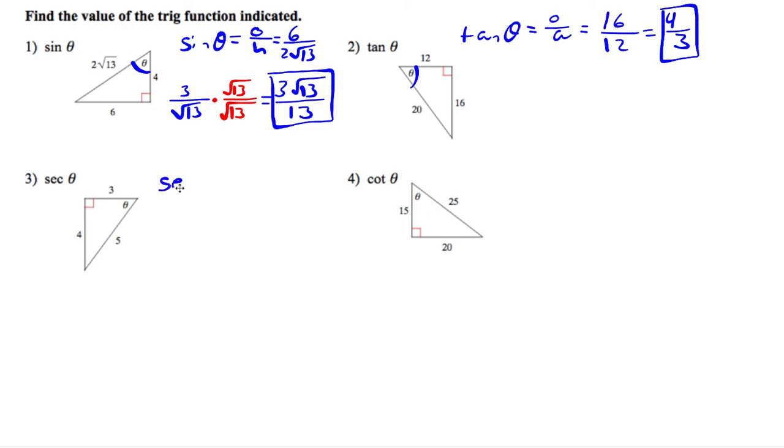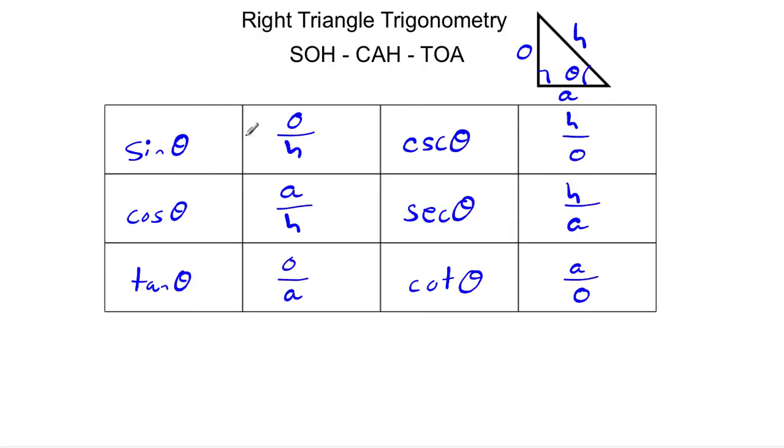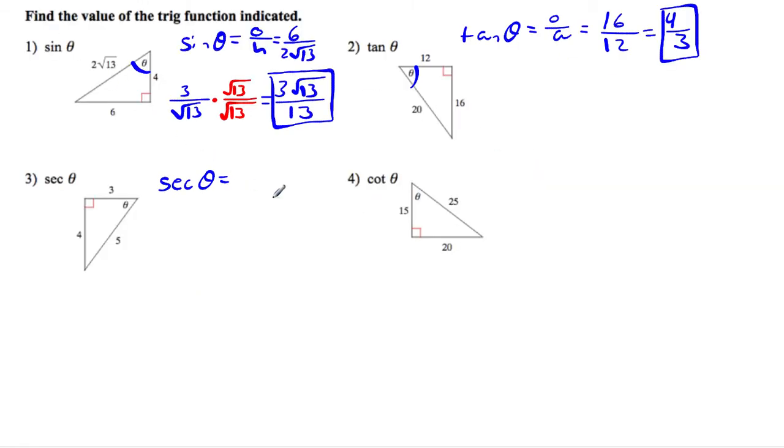Secant. Well, if the cosine is adjacent over hypotenuse, the secant is hypotenuse over adjacent. So our hypotenuse, if this is our reference angle, hypotenuse is 5, and the adjacent is 3, 5/3.